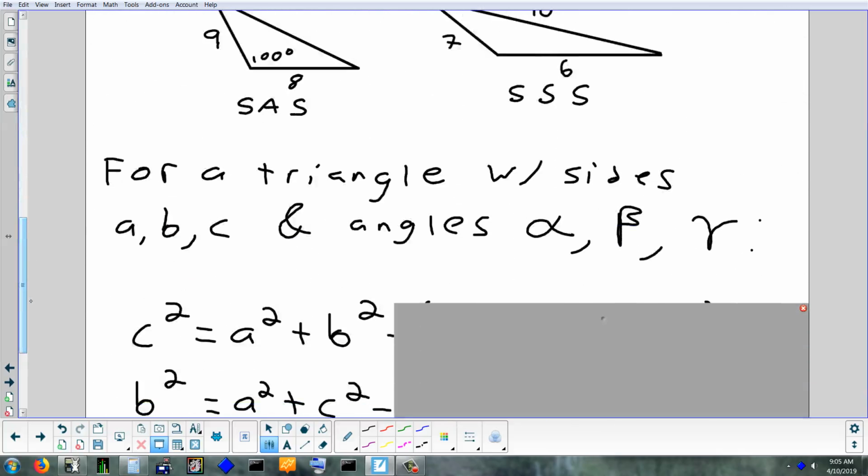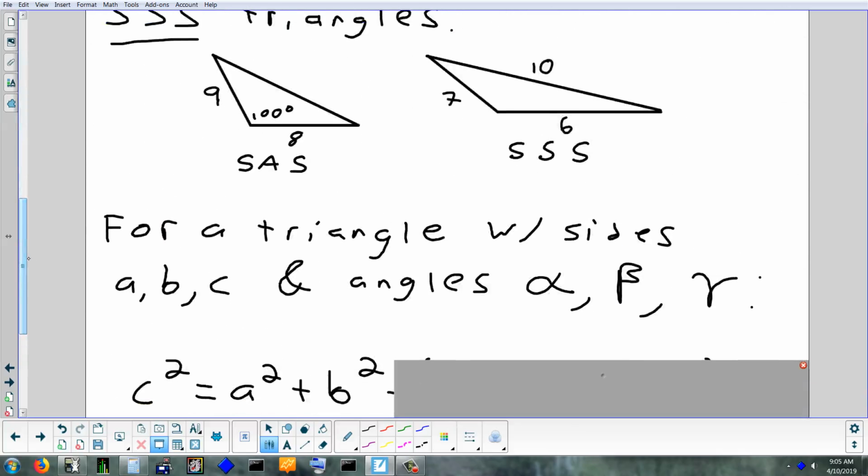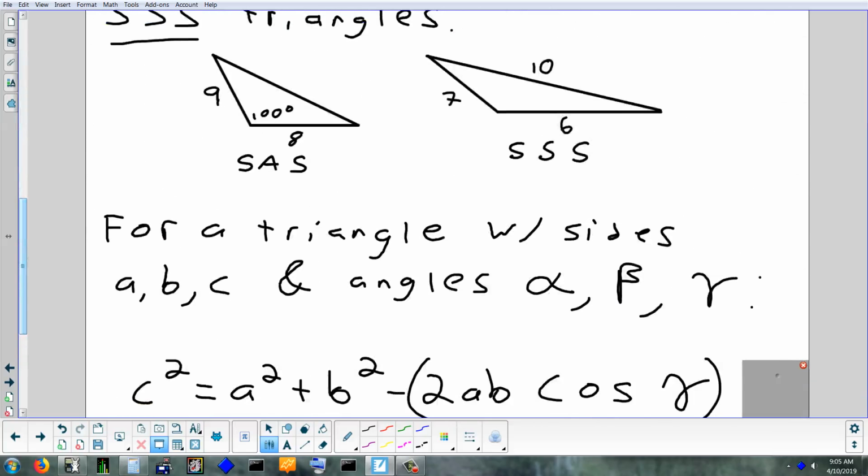I would be using the Pythagorean Theorem to show you something. Now, we know we can't use the Pythagorean Theorem unless you have a 90. So it's the Pythagorean Theorem, but then there's this kind of adjustment. You have to subtract something. And what you have to subtract is this.